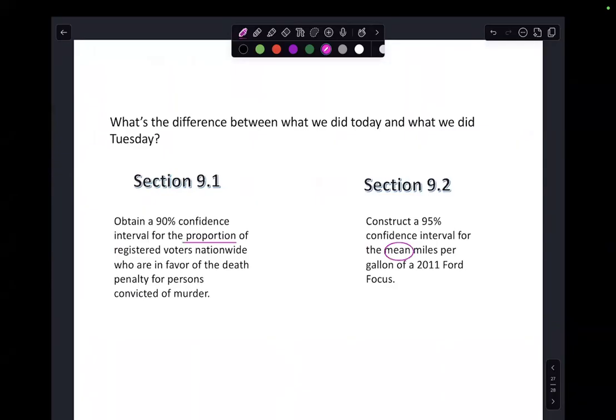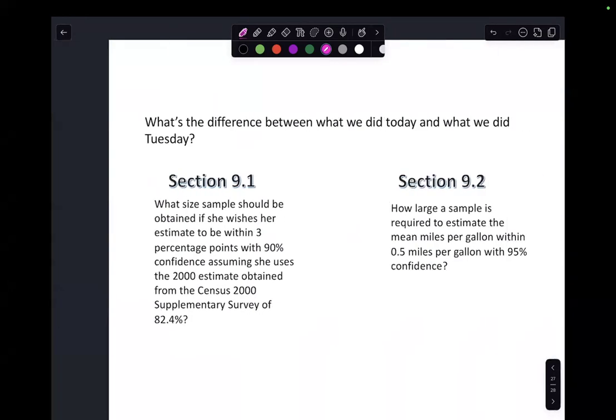So obtain a 90% confidence interval for the proportion of registered voters nationwide who are in favor of the death penalty. 9.2, construct a 95% confidence interval for the mean miles per gallon of a 2011 Ford Focus. So those are the important words, proportion and then mean. All right, let's take a look at the next one.